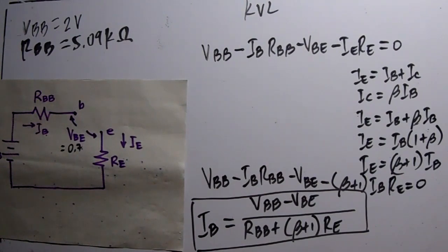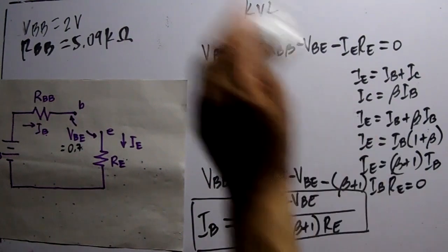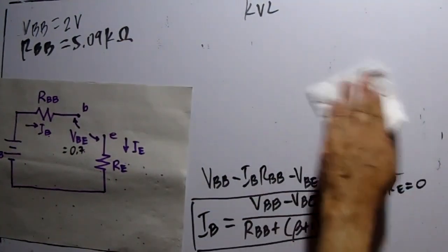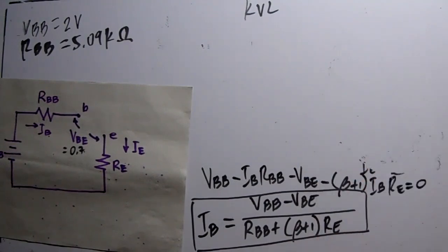And if we substitute our VBB, VBE, RBB, beta, and also RE, we can find the numerical value for IB.